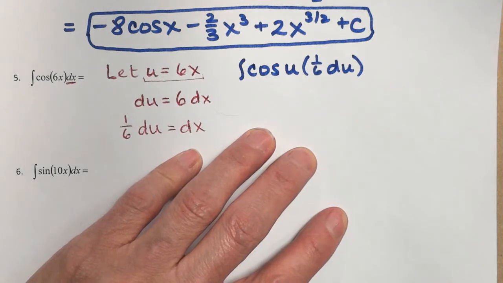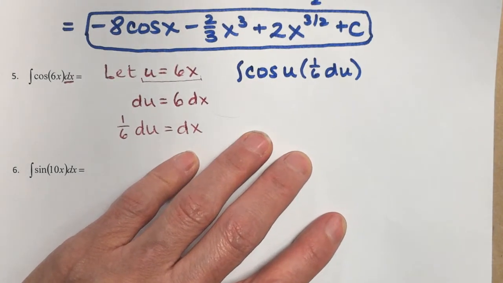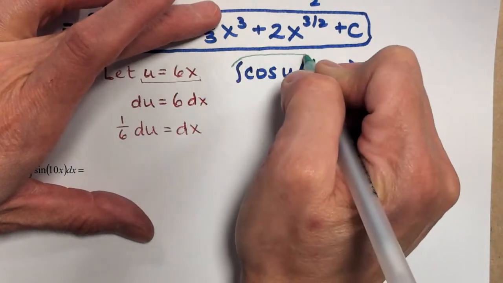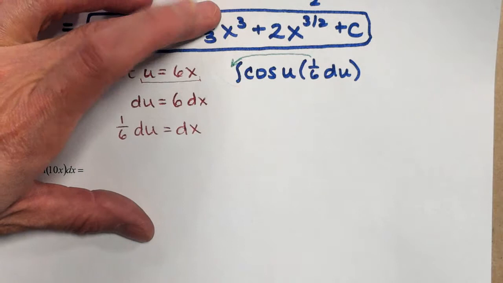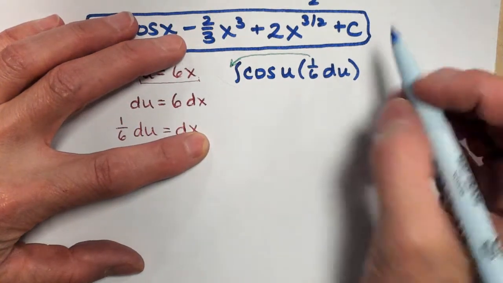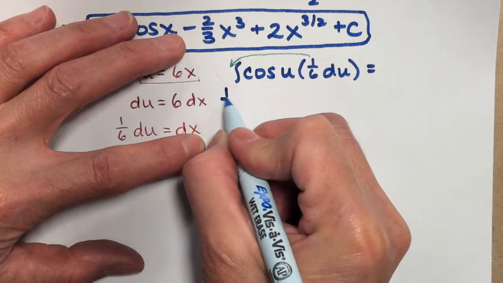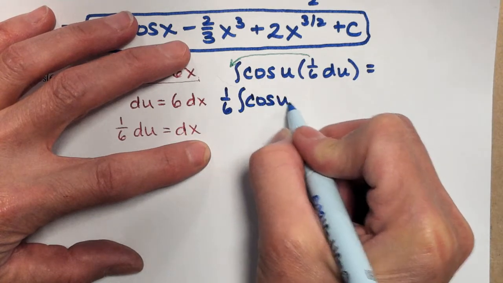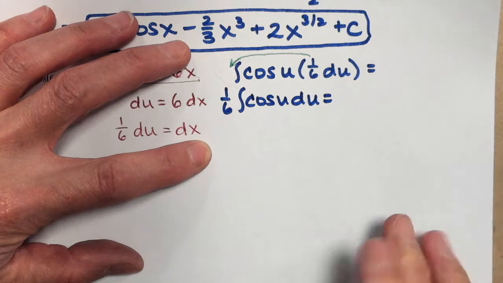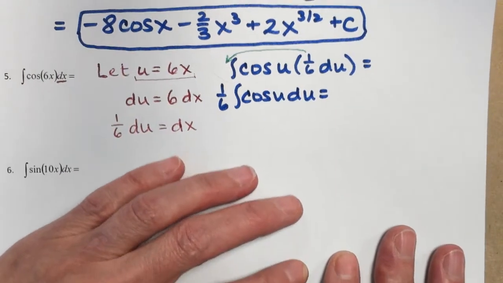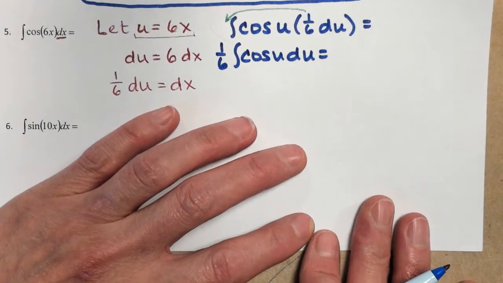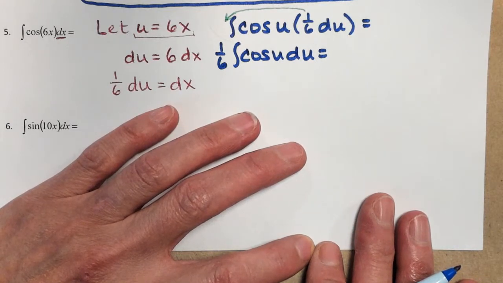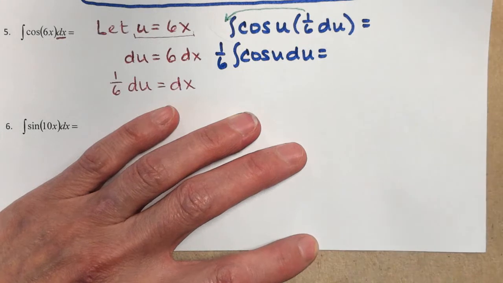Now remember what I said, when you have a scalar in your integral, you can pull it out. So I'm going to take that 1/6 and pull it out. So this is 1/6 times the integral of cosine u du. Well, we already know how to integrate cosine u du. Cosine is the derivative of sine.